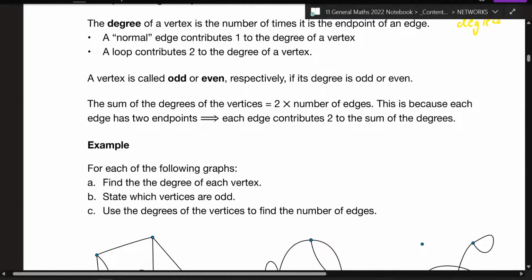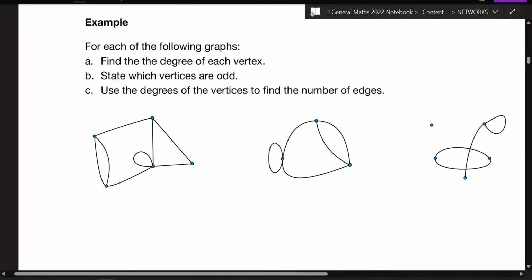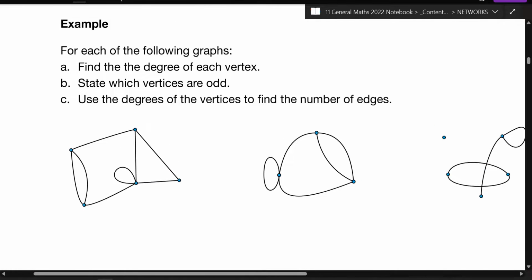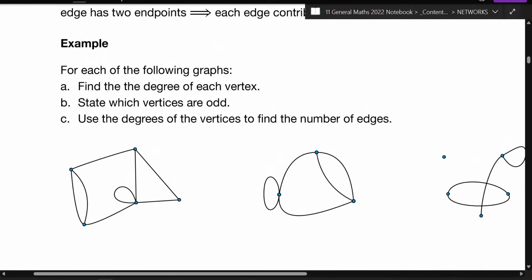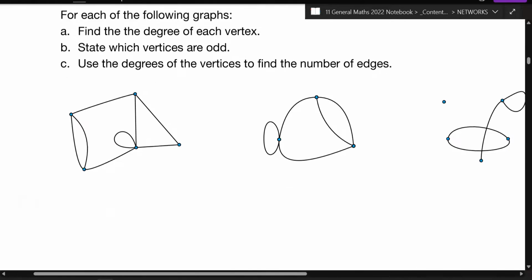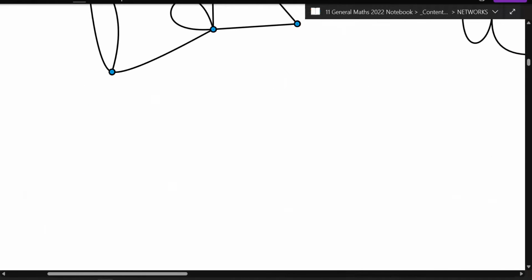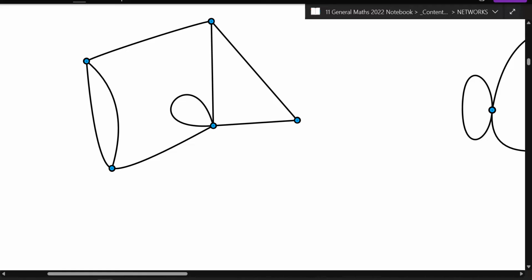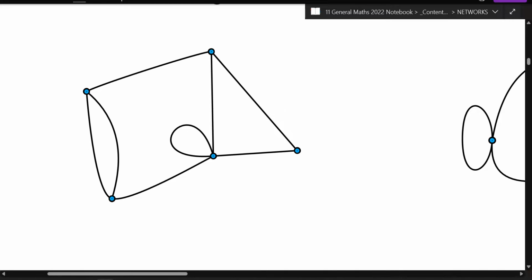Let's keep going. For these graphs here, find the degree, state which vertices are odd, and use the degrees of the vertices to find the number of edges. Easy. What I like to do whenever I work with graphs is always label the vertices, because it's a lot easier to work with them.